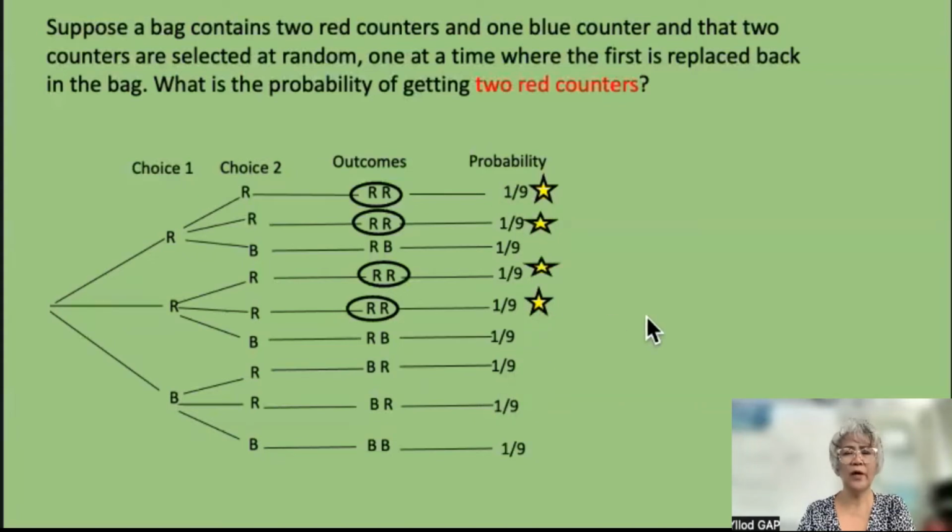So for the probability of two red counters, you have to add all the four 1 over 9s. And adding those 4, we get 4 over 9. Therefore, the answer to this question is 4 over 9.